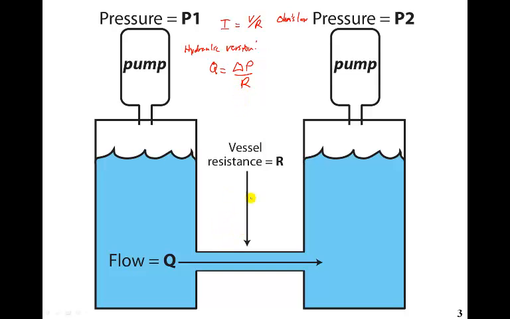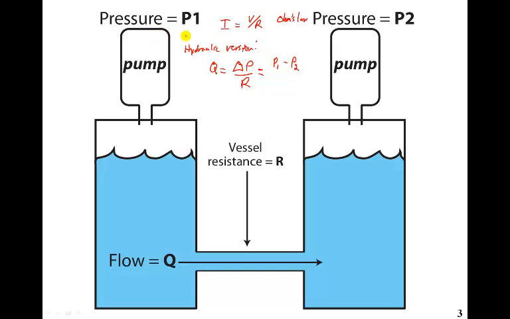Bigger resistance gives you less flow, right? So R is in the denominator. We usually define flow as being a positive value, so we'll put the bigger number to the left minus the smaller number to the right.